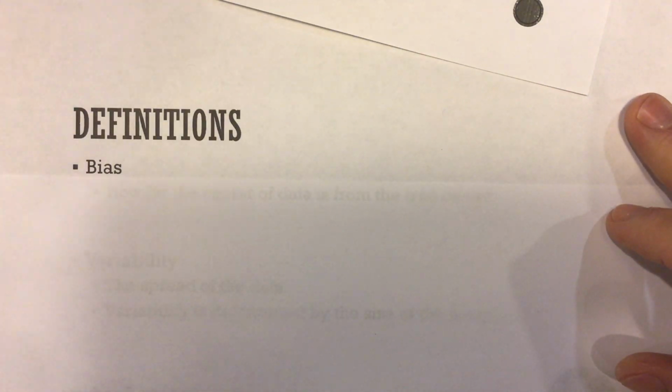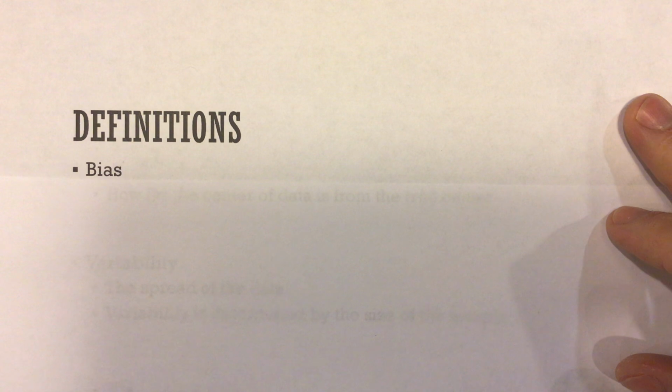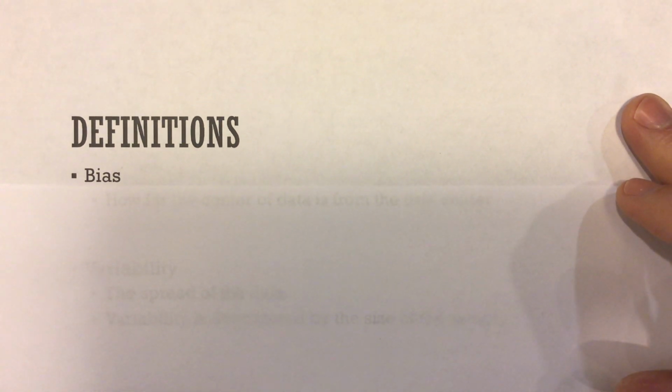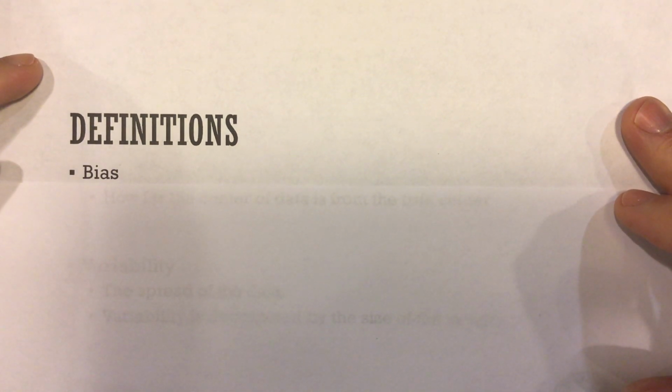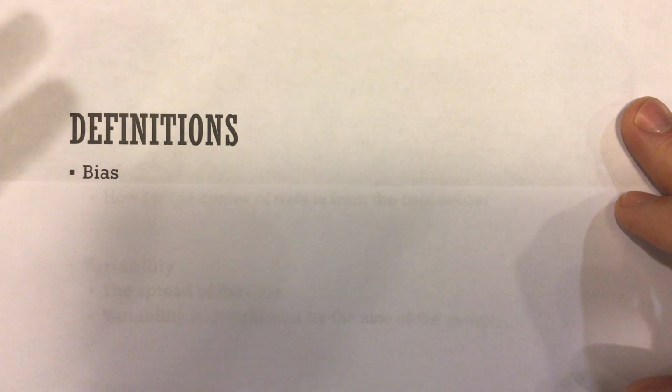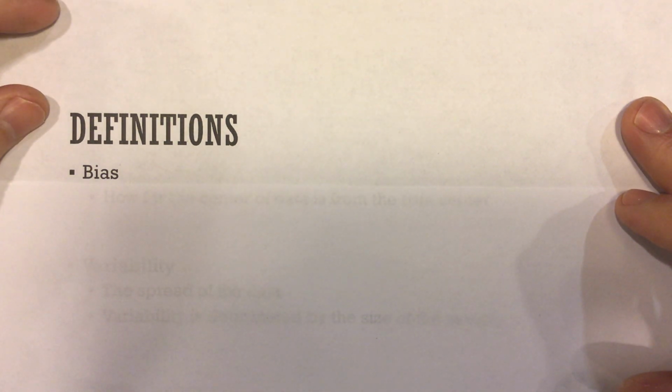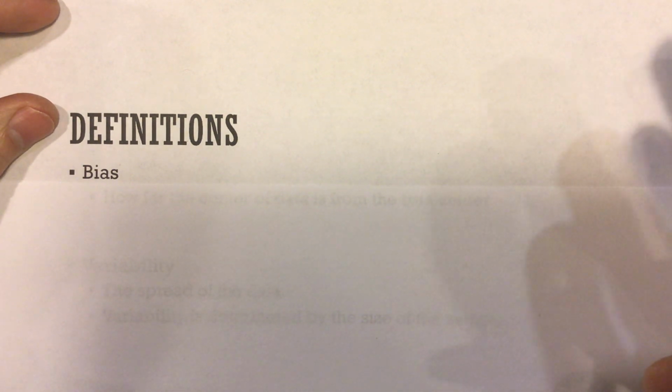Bias. Okay. This is a word, again, you should already be familiar with. We talked about bias back in chapter 5 when we were talking about data collection methods. Remember that something that's biased has a systematic favoritism of one outcome or multiple outcomes over other outcomes, right?